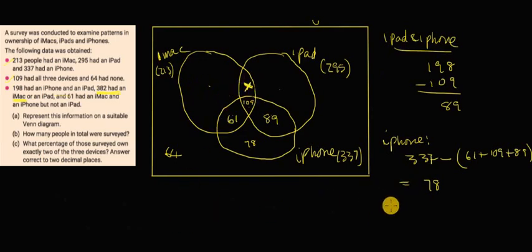If I look at the iMac, that's going to give me 213, take away these 3 areas added together, 61 plus 109 plus X. So that's 213, take away 61, take away 109, and then take away the X as well. And that's going to look like this.